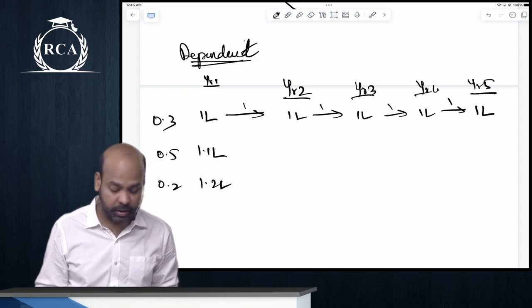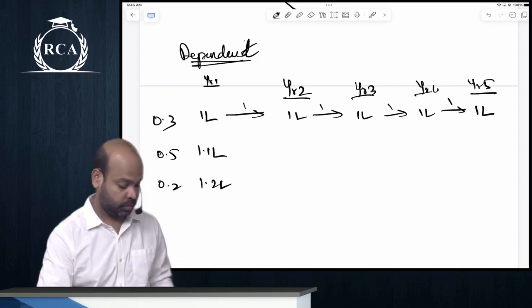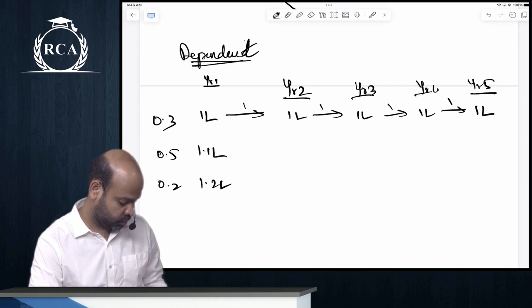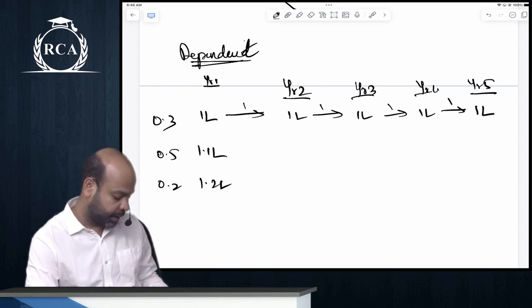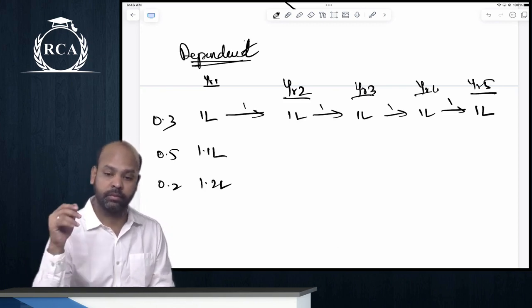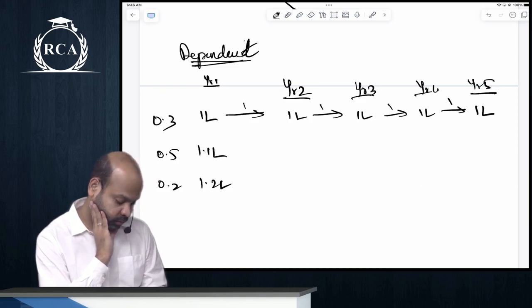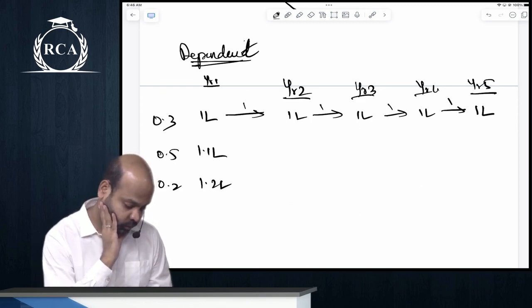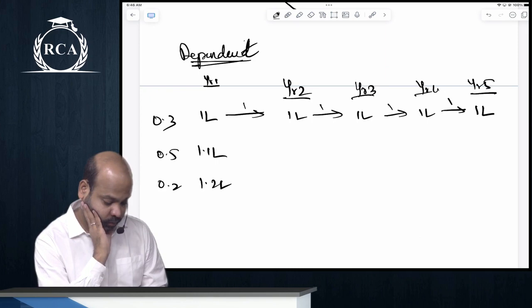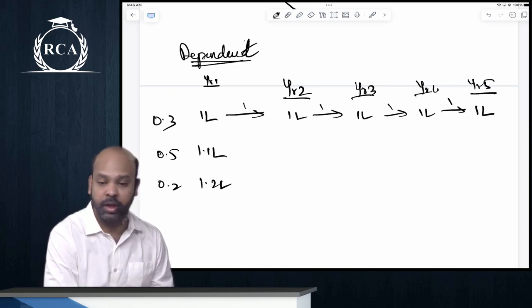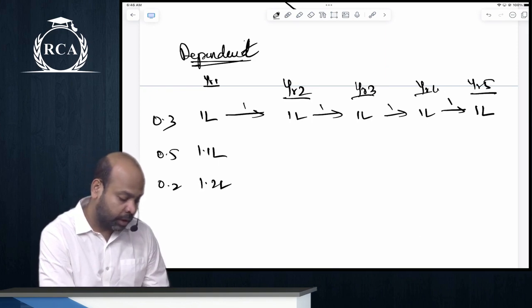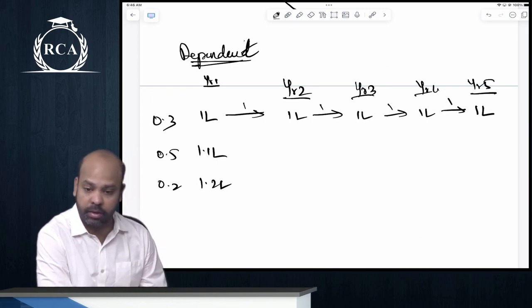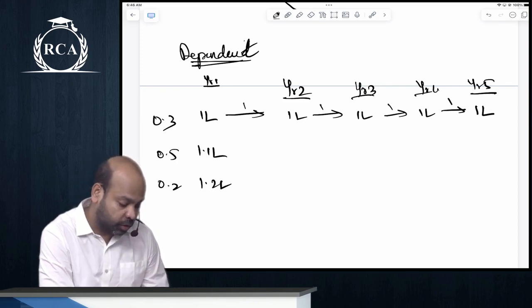Next, write this as dependent. Now under dependent, what will be the probability of the worst case scenario?